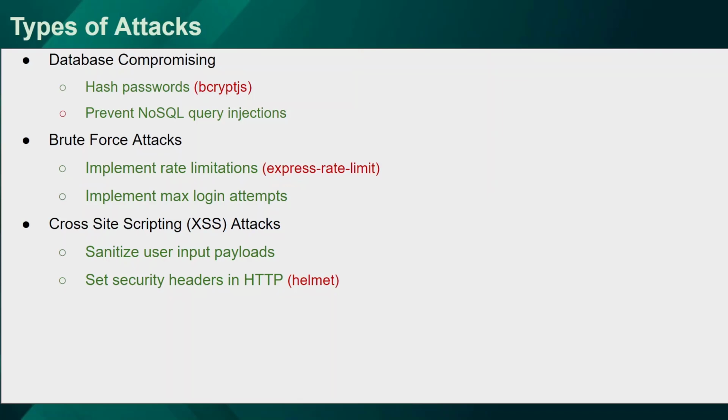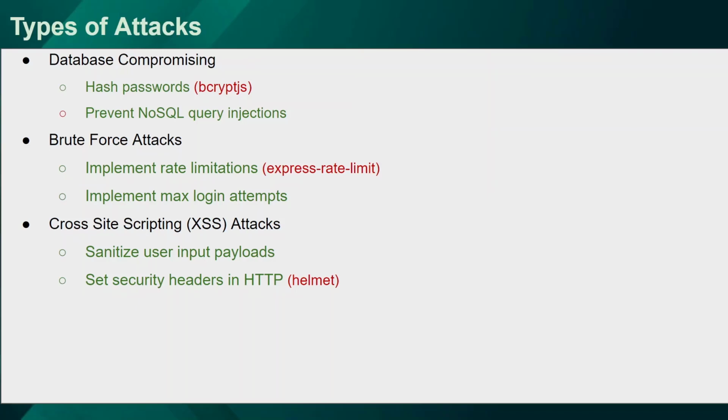Cross-site scripting, usually known as XSS attacks, is also possible. What we can do is sanitize user input payloads, because what the hacker is doing in cross-site scripting is specifying scripts inside your user payloads and sending them to the server. When the server reads that payload, the script will be executed inside our servers without our knowledge, and it will cause harm to our services or data layers.